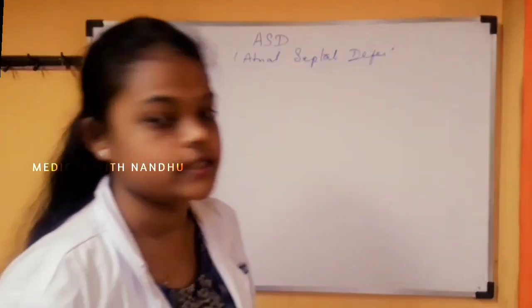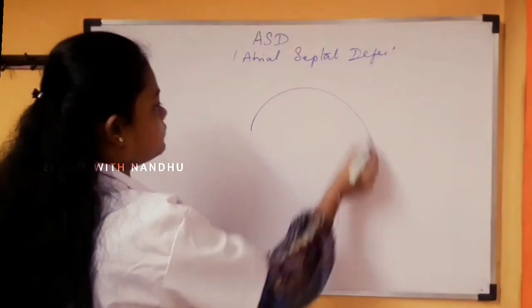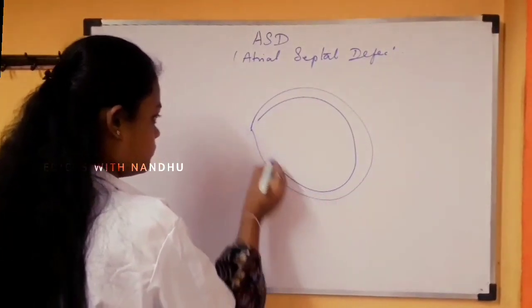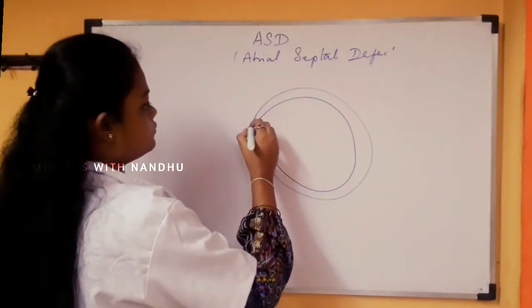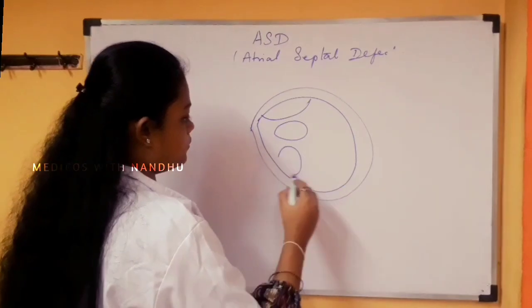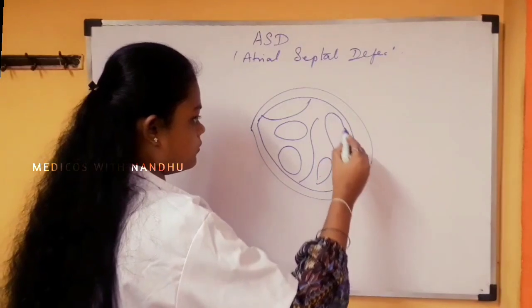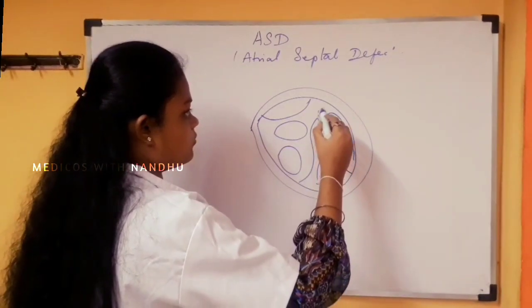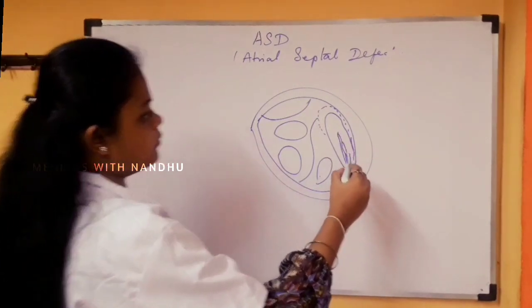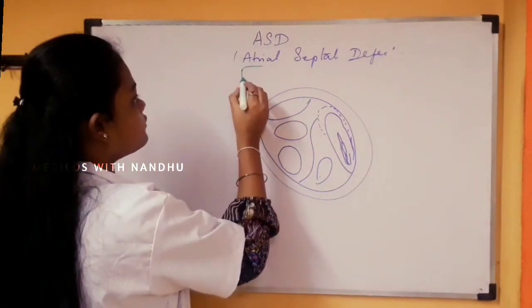So the types of ASD are as follows. This is the superior vena cava which is present here.